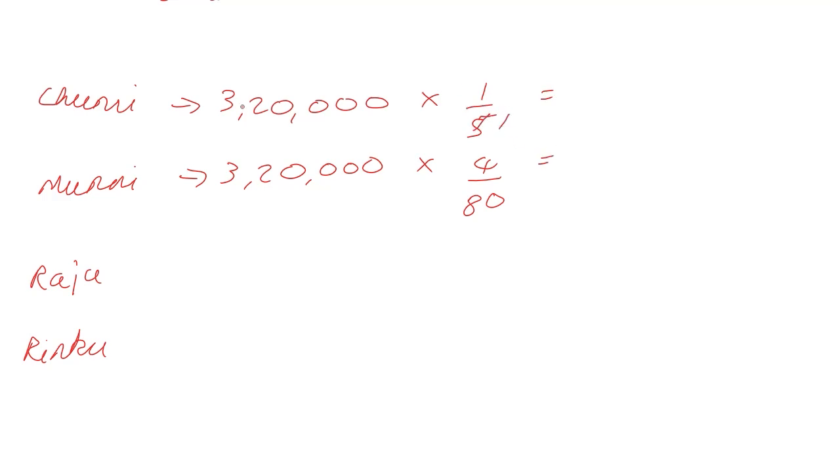So 5 ones are, 5 sixes are, and 5 fours are. So I think I'm going to end up with 64,000 over here. Okay, 4 ones are, 4 20s are, 0 0 cut. Okay, and I have 32,000 upon 2, which should give me 16,000.